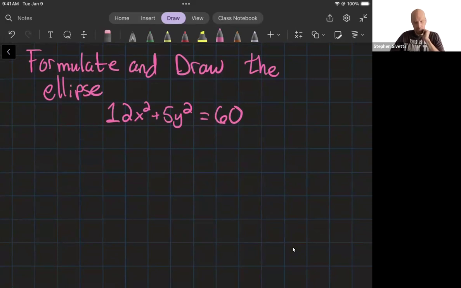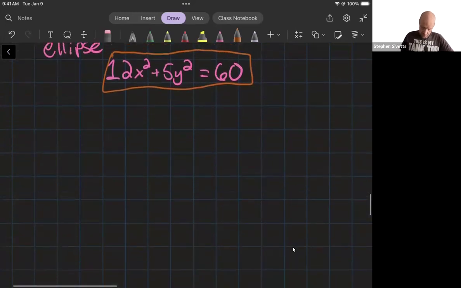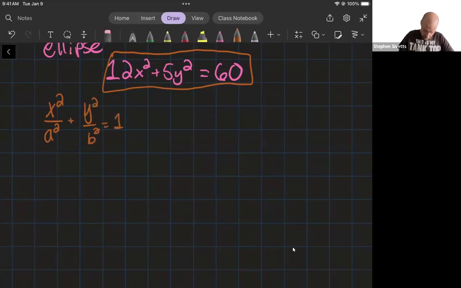First of all, this is not in the standard form of the ellipse, right? So we want to express this equation as x squared over a squared plus y squared over b squared equals 1, or something like this: y squared over a squared plus x squared over b squared is equal to 1.